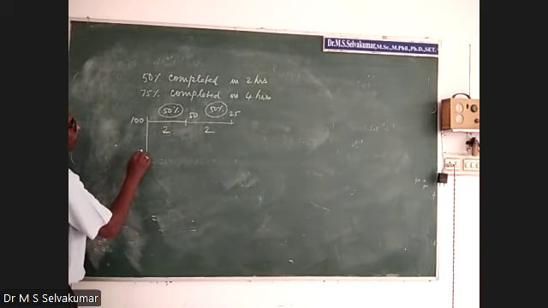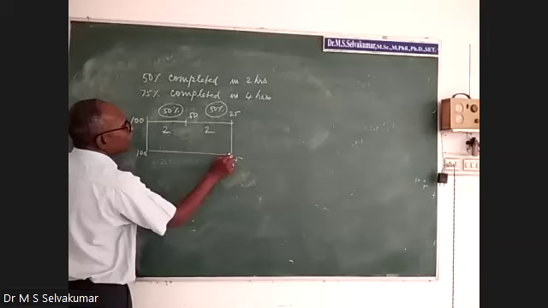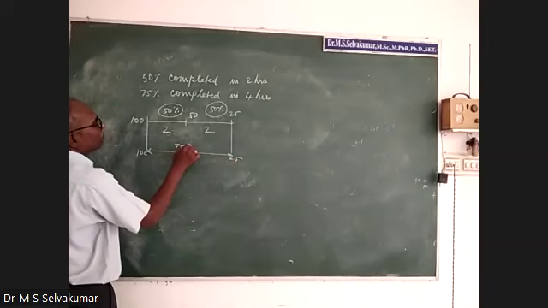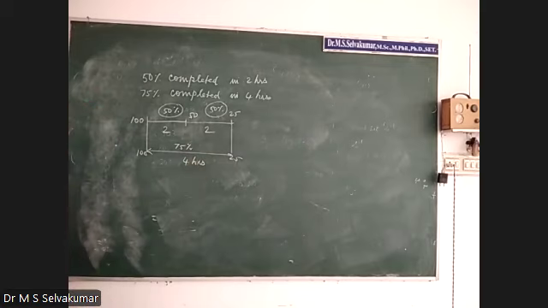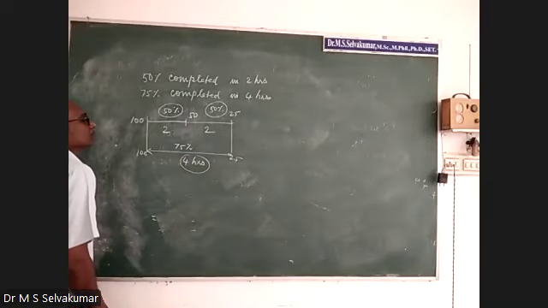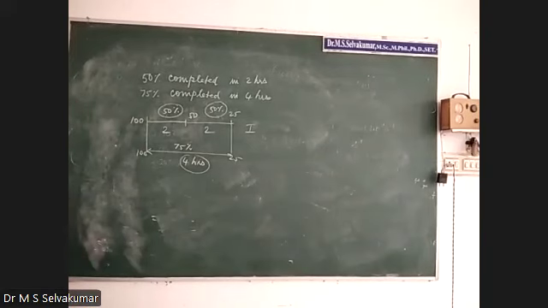So from 100 to 25, totally 75% completion, in 2 plus 2, 4 hours. So this is possible only when the reaction is first order. Only when the reaction is first order.